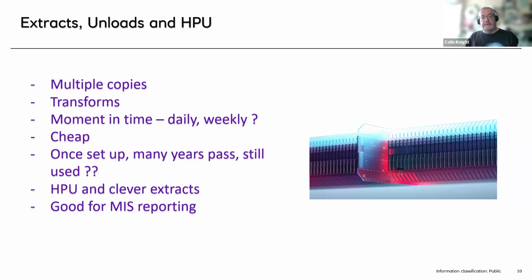But what bugs me sometimes is some of these unloads could have been written and created 10, 15 years ago. Are those files that we create and unload to actually used by anyone? I think if you've got full control over all of your channels and applications and things don't get decommissioned very often, then sure, you know exactly where that data is going and who it goes to and what uses it.